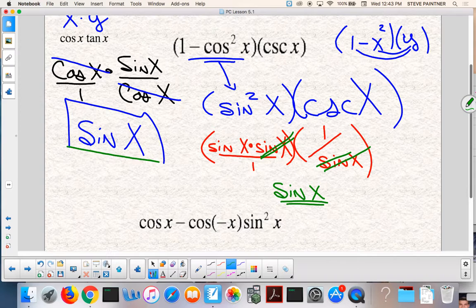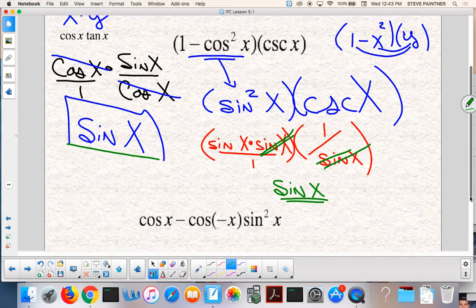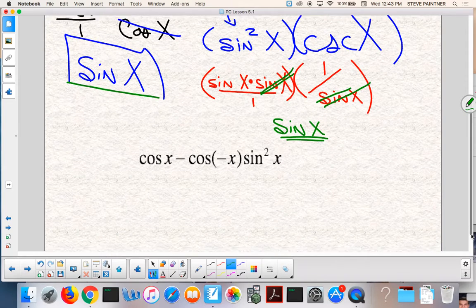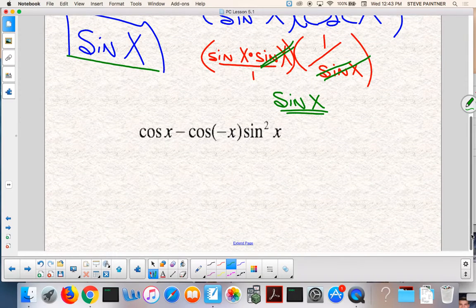Look, look, look. Try this one. Look at your identity sheet. Look at it. There's something you can do.